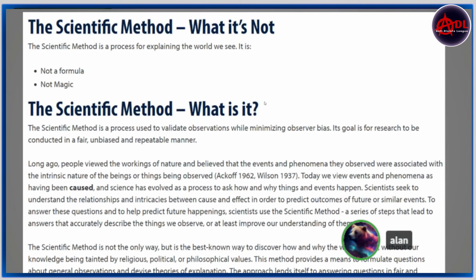All right, so starting off, we're going to build upon the scientific method and what it is, just to start a foundation for what is an experiment, and how to differentiate between an experiment, a demonstration, etc. So the scientific method, what it is and what it isn't: it's not magic, and it's not a mathematical formula.